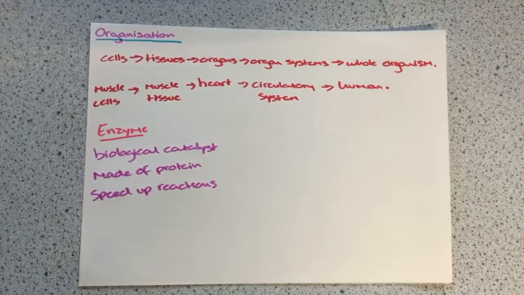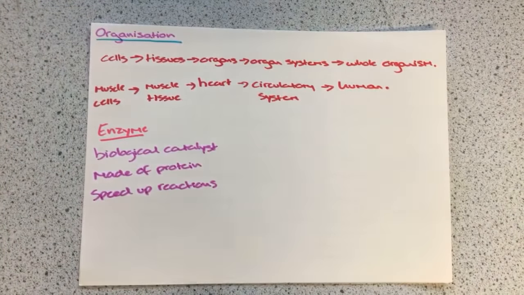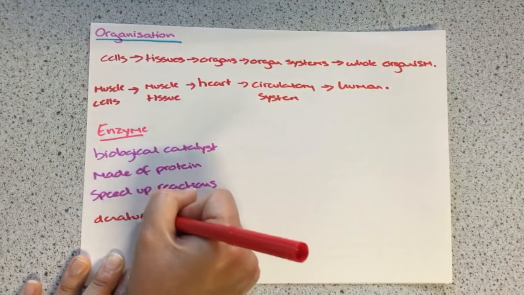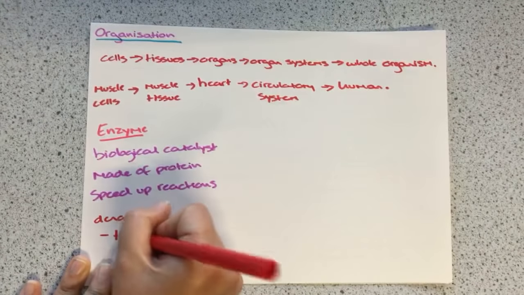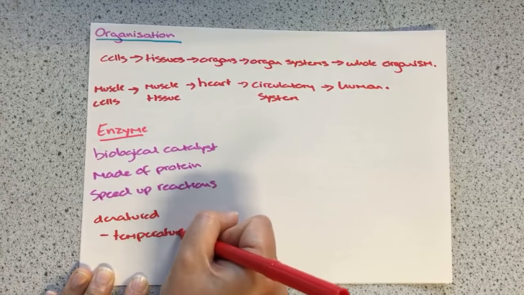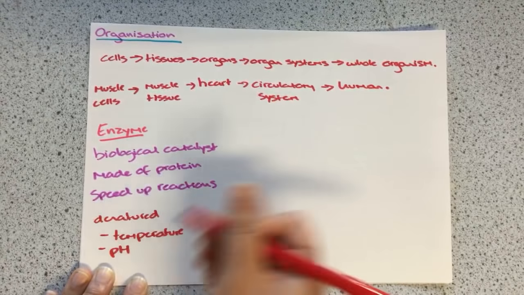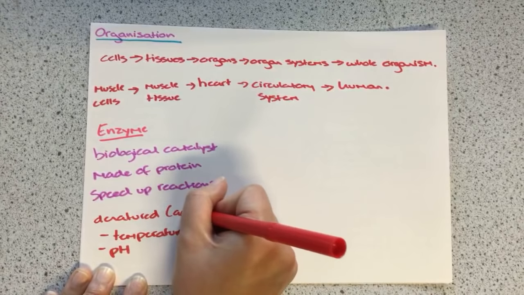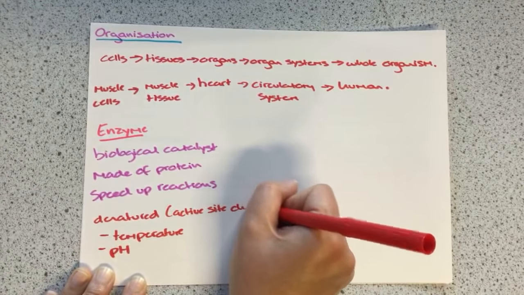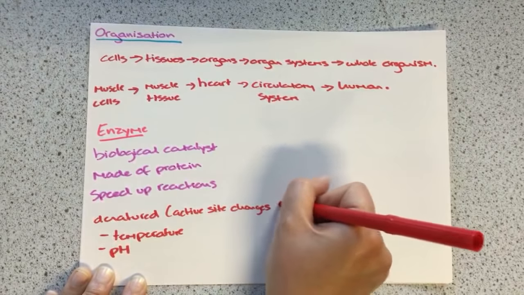They can be denatured by two things: temperature and pH. Denature means that the active site changes shape.